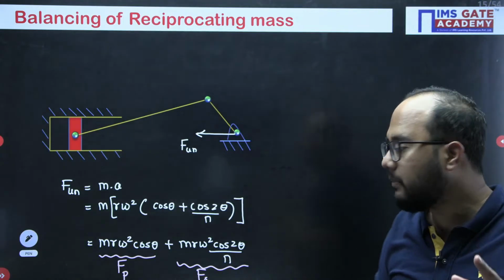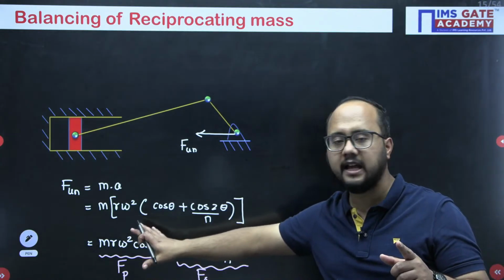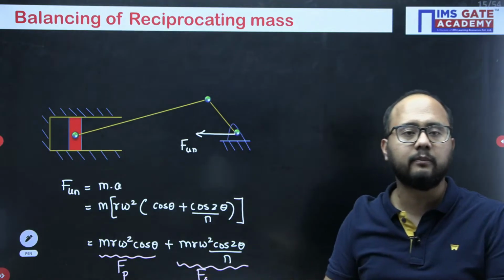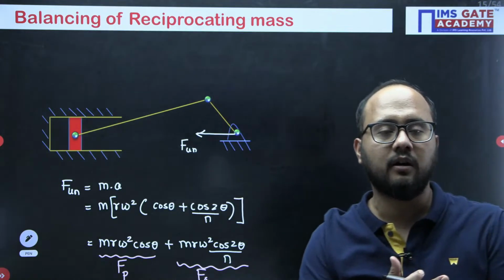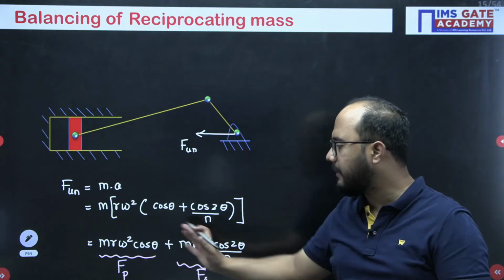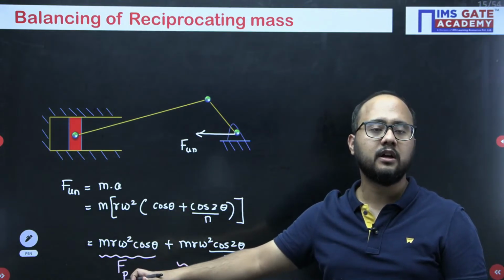We will take the unbalanced force as primary only; for secondary also we can do it, but the major part of the unbalanced force is because of the primary. If you compare the magnitude also, primary has more magnitude compared to secondary.